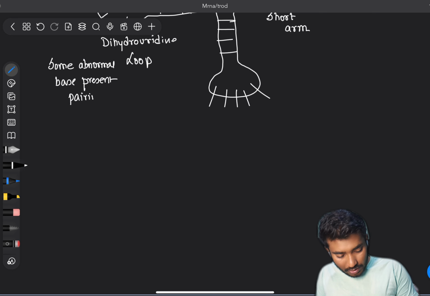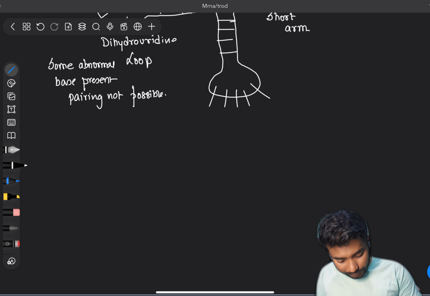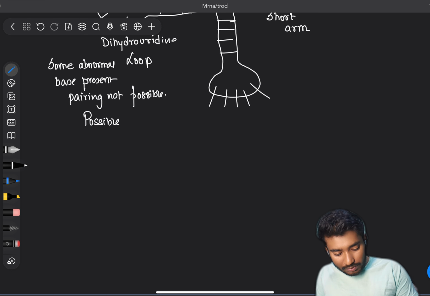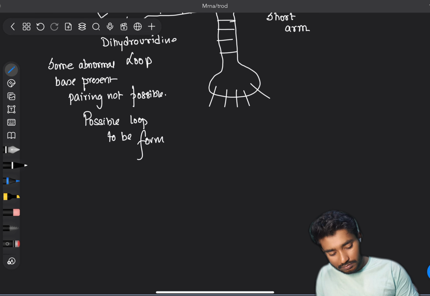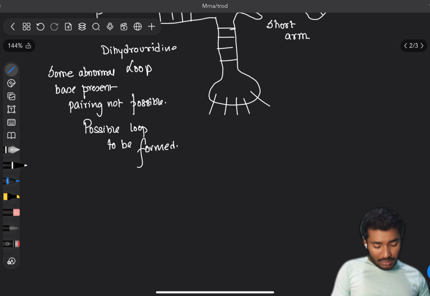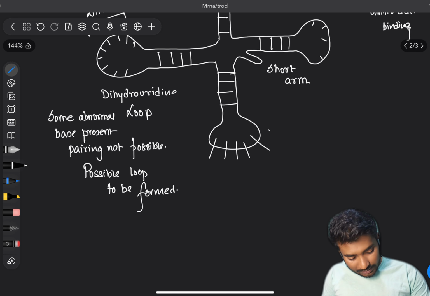If some abnormal base is present here, pairing is not possible, so a loop needs to be formed. Now here, this is an anticodon loop.